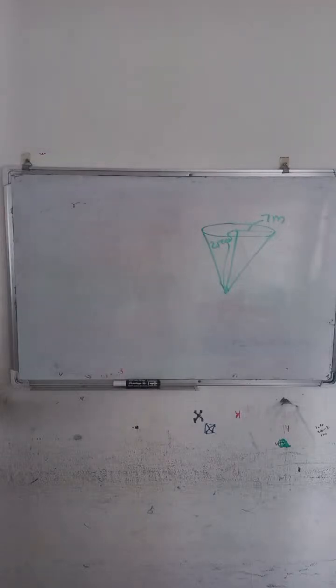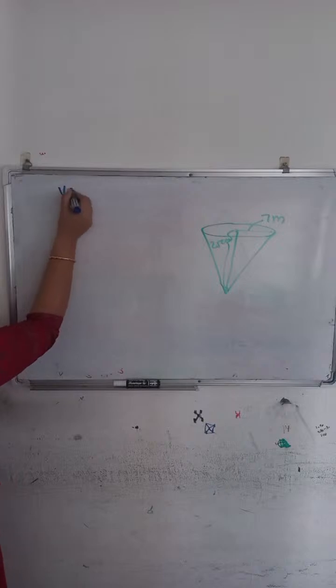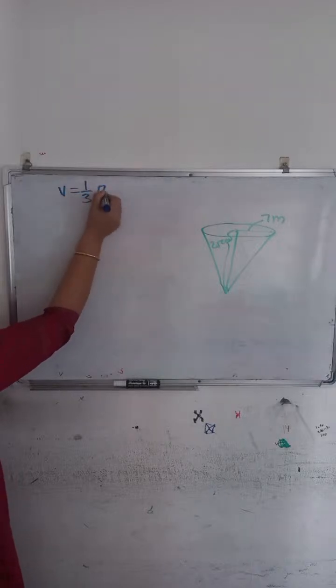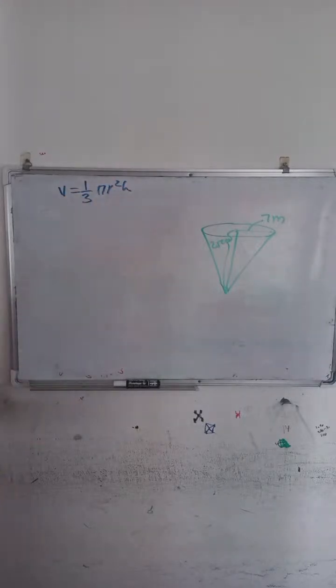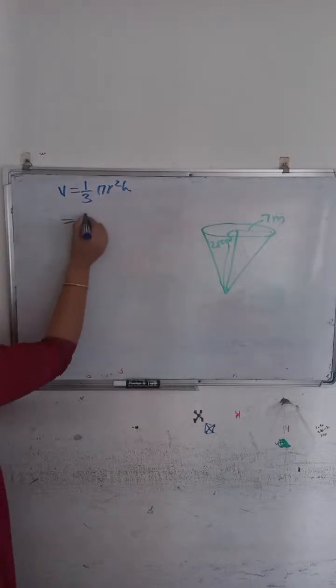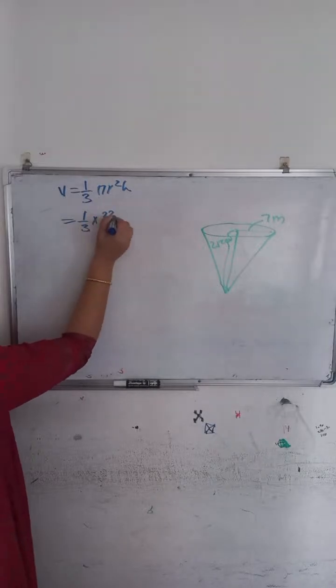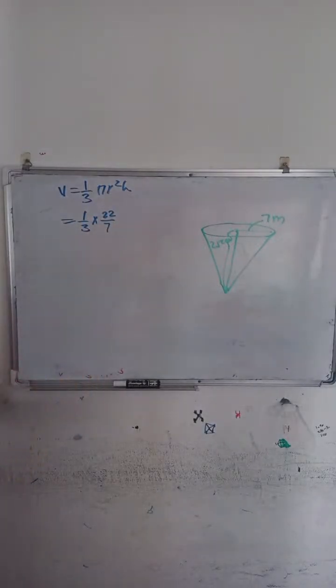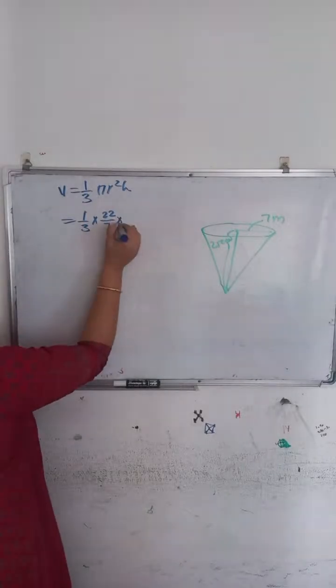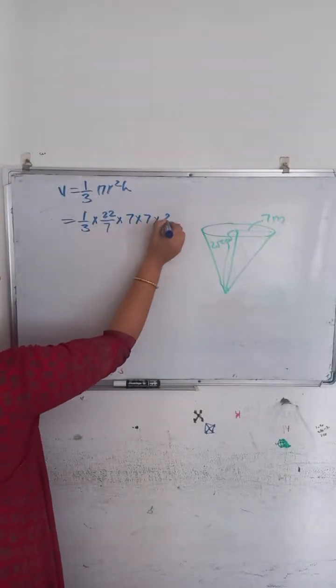Volume as such does not require the slant height. The volume of the cone is nothing but V is equal to 1 by 3 pi r square h. This is the formula we have. We keep 1 by 3 as it is, 22 by 7 since no value is mentioned, r is 7 into 7 and height is given as 25.